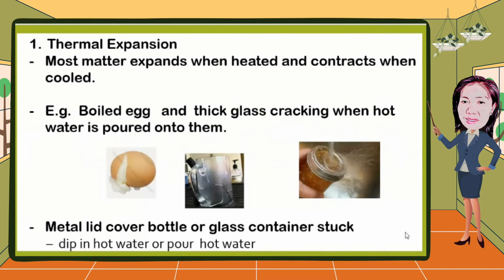So most of matter expands when heated and contracts when cooled. So an example of this is a boiled egg. Boiled eggs crack, and thick glass cracks when hot water is poured onto them.